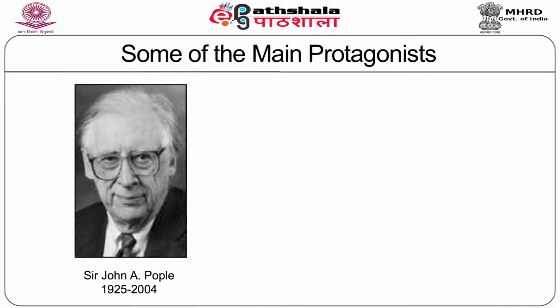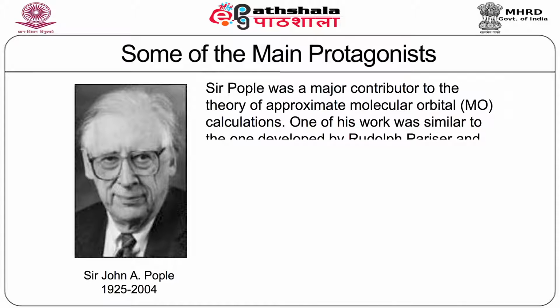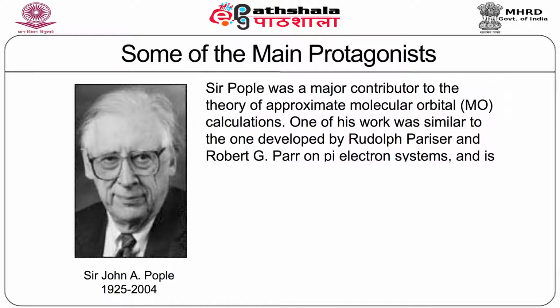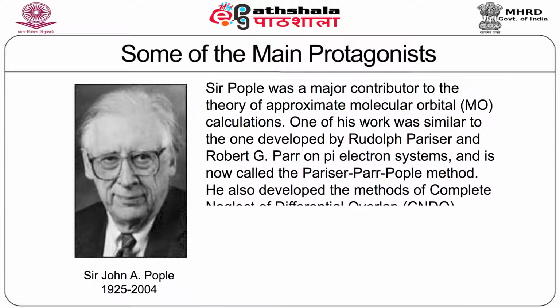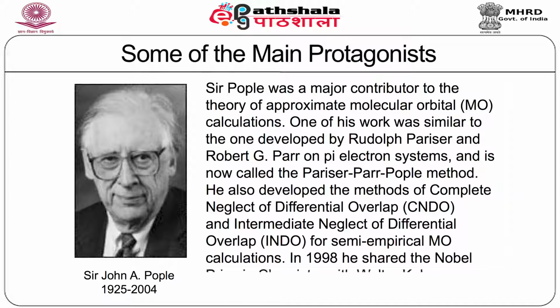Another noted quantum chemist was Sir John A. Pople, who was a major contributor to the theory of approximate molecular orbital calculations. One of his works was similar to the one developed by Rudolf Pariser and Robert Parr on pi-electron systems, and is now called the Pariser-Parr-Pople method.